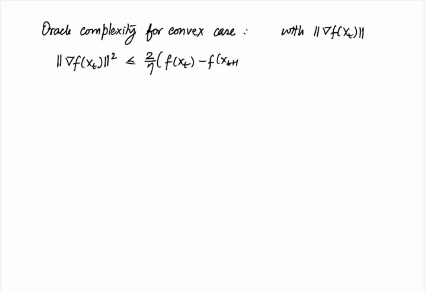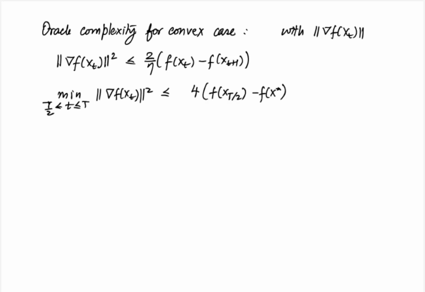Now instead of summing from 1 to capital T, we will sum from T by 2 to capital T and then take the minimum so as to yield min over t from capital T by 2 to capital T norm square of the gradient less than or equal to f of x T by 2 minus f of x star divided by eta capital T, where we have replaced x1 with x T by 2 and T with T by 2.